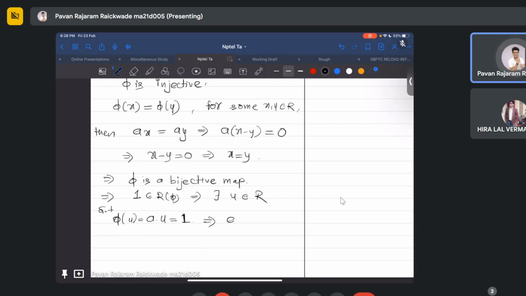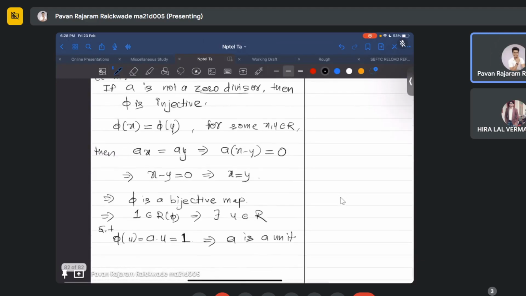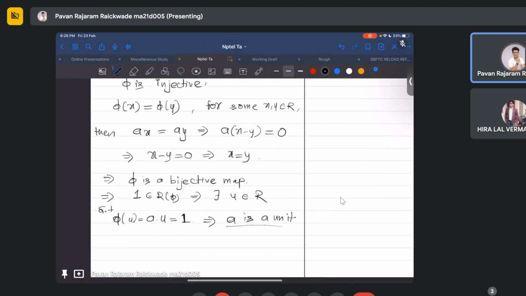This implies a is a unit. So I started with a non-zero-divisor, and found that it is a unit. Now I have to show the other way around, that if it is not a unit, then it is a zero divisor.